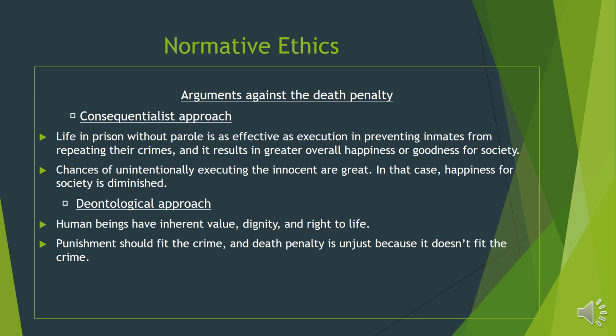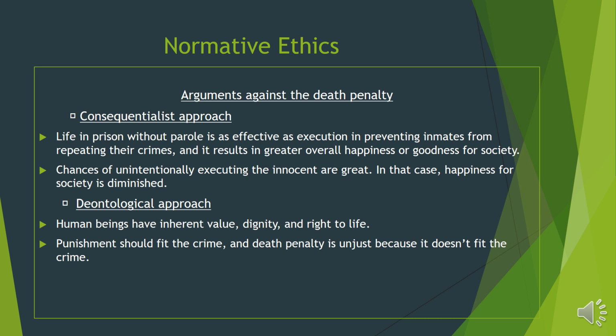Consequentialists would talk about the likelihood of executing an innocent person, and that happiness for society would be diminished if that was to occur. And for deontology, human beings have an inherent value, dignity, and a right to life. Therefore, that basic moral structure of a human should override it being removed.